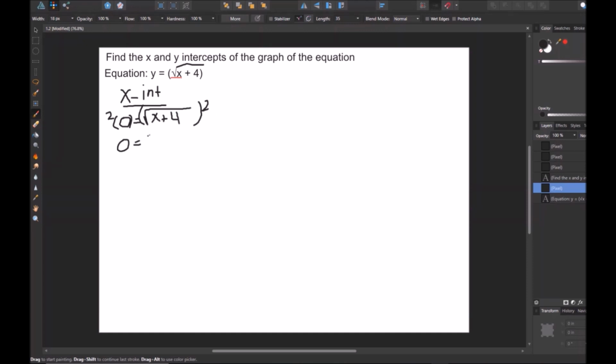So we're going to have 0 equals x plus 4, and then we're going to subtract 4 so that we can get x alone, and we have that our x-intercept is 0 minus 4, which is negative 4, comma 0.